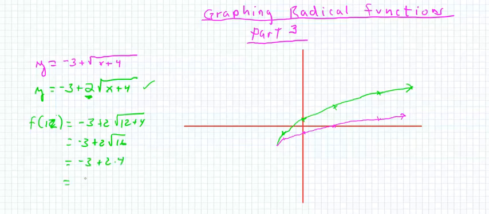Or 2 times 4 is 8. We end up with 5. And lo and behold, 1, 2, 3, 4, 5. This point is 12, 5. You plug it into the equation, it works. It shows up on my graph. Gotta be true.